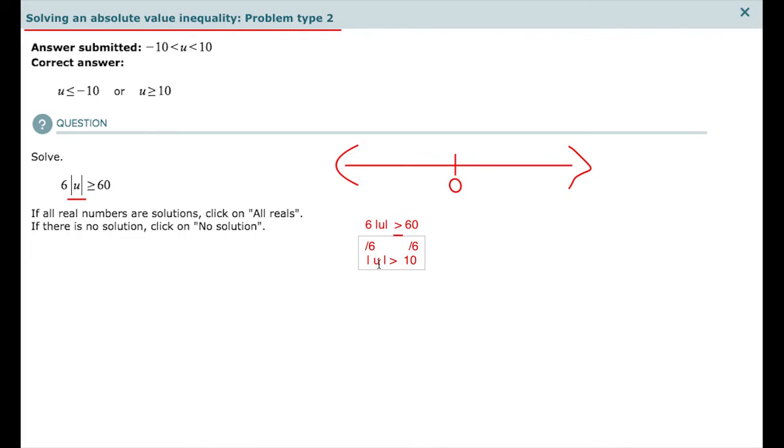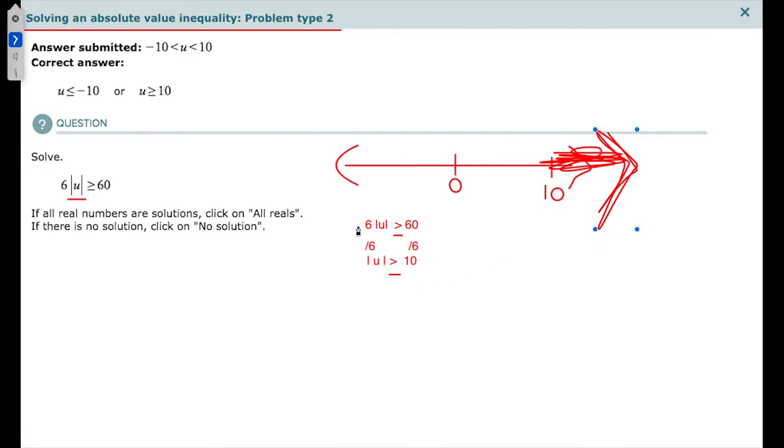We have the absolute value is greater than or equal to 10, which means that if 10 was over here, if the absolute value was greater than or equal to that, it would be everything that's greater than 10. That means on this side, right? So this side is going to be filled in with everything heading that direction.